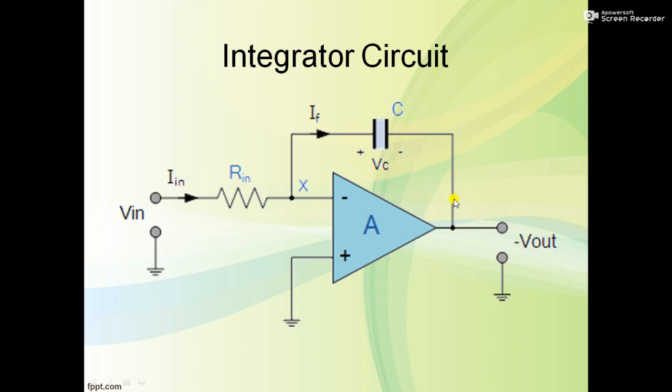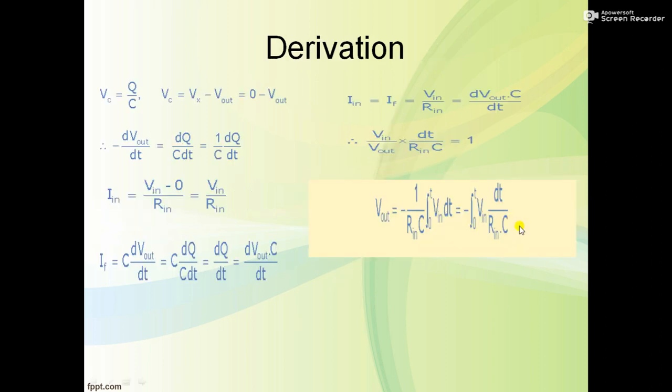Another end of this terminal is connected directly to Vout. So finally we are getting the integrated input voltage. This is a small derivation.